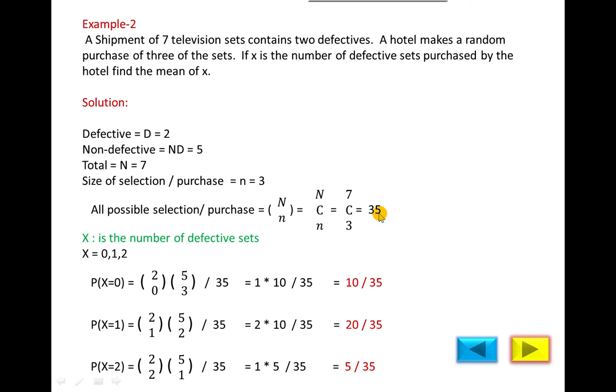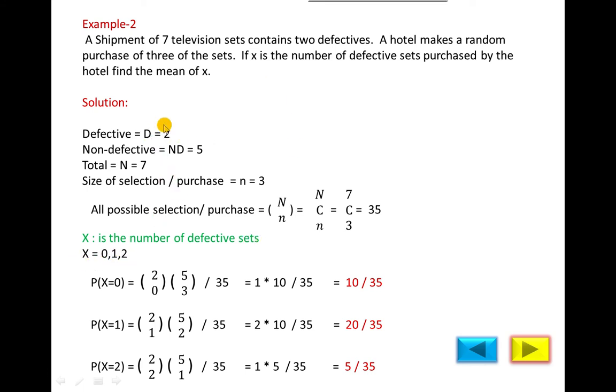The possible outcomes we will write in the denominator, and x is the number of defective sets. This is the probability, so we will convert the table into a probability distribution table. So x is the number of defective sets. Possible values of x will be 0, 1, 2.